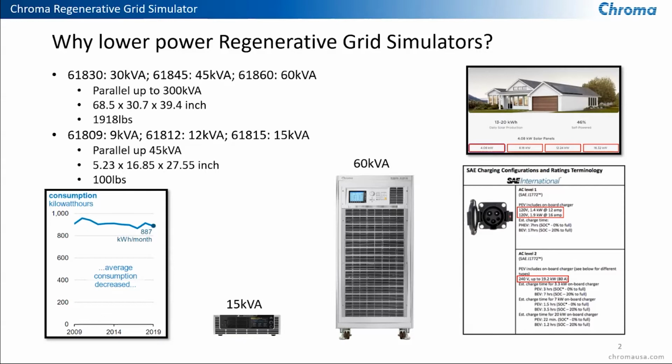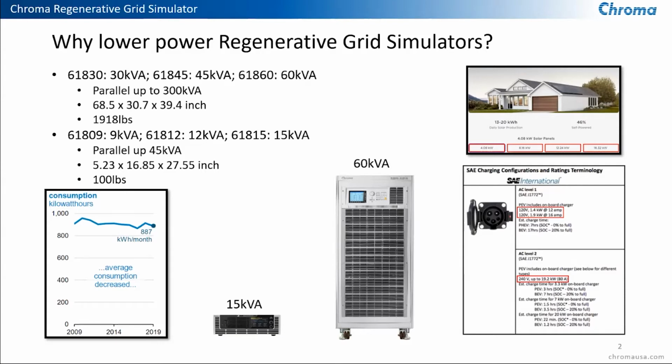Both level 1 and level 2 are under 30 kilowatts, which can actually be achieved by paralleling two 61815s. And even with two 61815s, you're looking at a total of a 6U cabinet height and 100 pounds each, versus a whole rack's worth of space and almost 2,000 pounds.